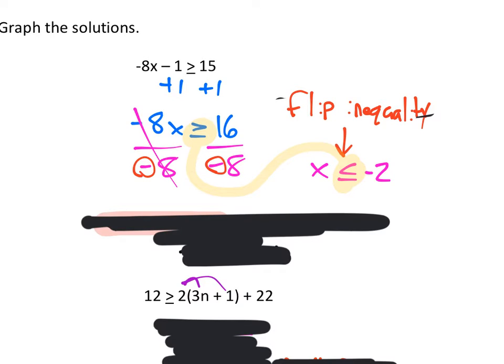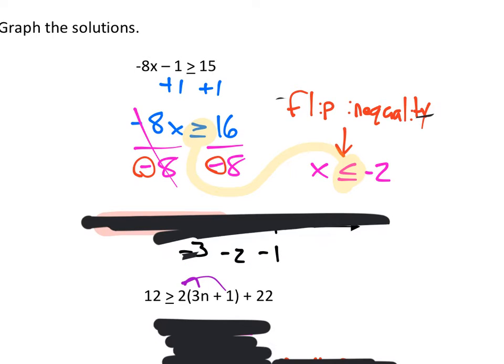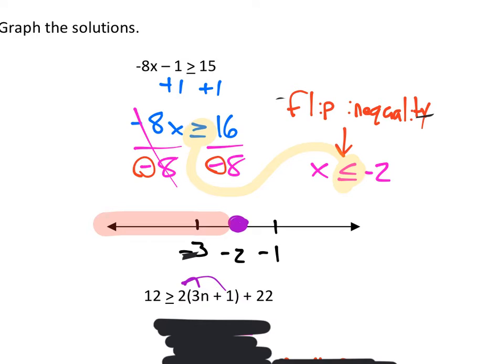All right, then for our inequality, we're looking for the number negative 2 as the center point. Be careful when you are graphing in the negatives. We have the negative 2 there in the middle, but make sure you're keeping it straight. The negative 3 would be to the left and negative 1 to the right.